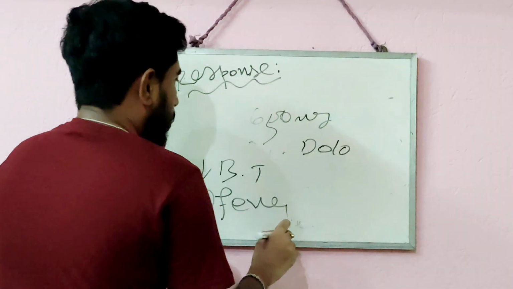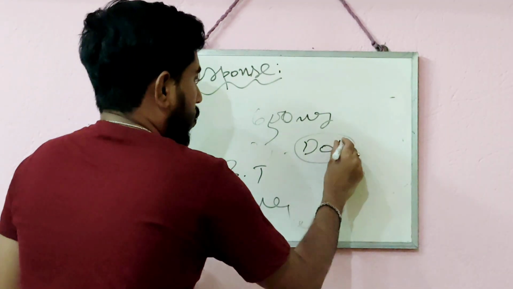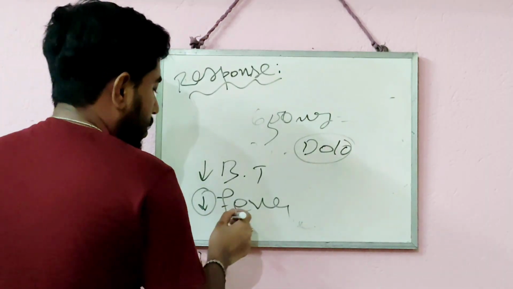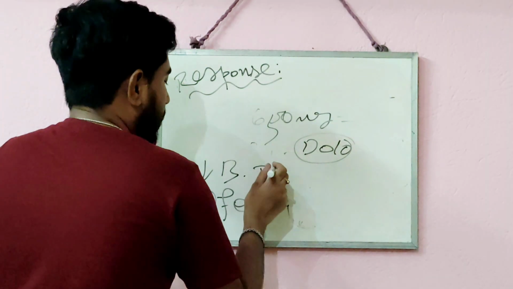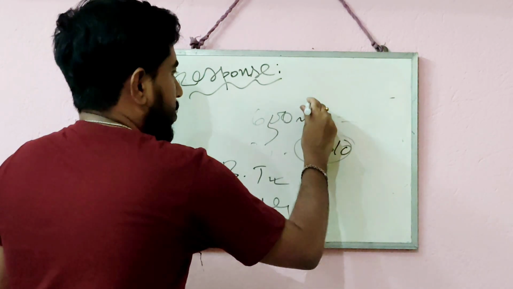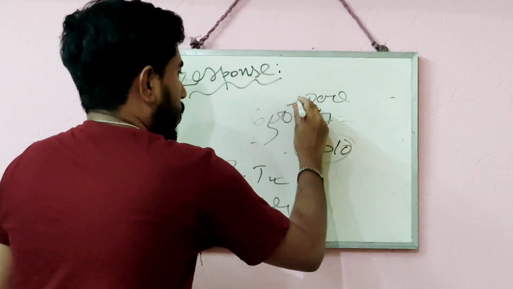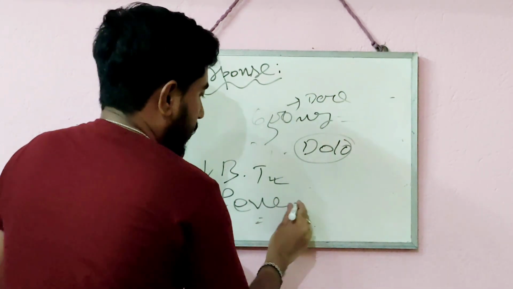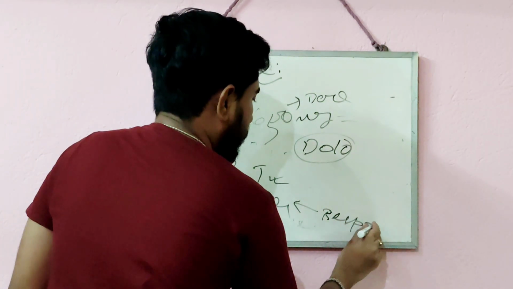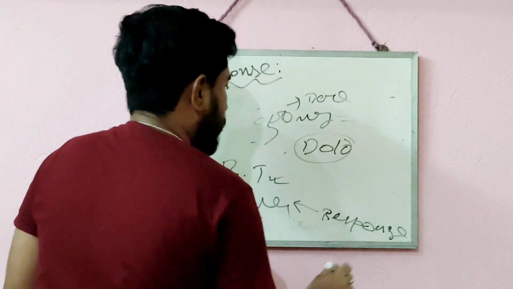So what is Dolo doing? When you take 650 mg of Dolo, it will decrease the fever by decreasing the body temperature. So here 650 mg is the dose of the Dolo, and the response is fever decreasing. From one example we can tell what is dose and response.